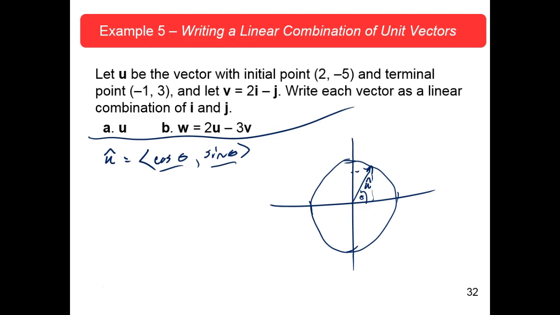Square root of cosine squared plus sine squared. But what is cosine squared plus sine squared? That's the Pythagorean identity.